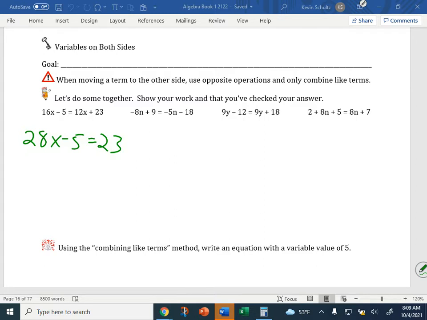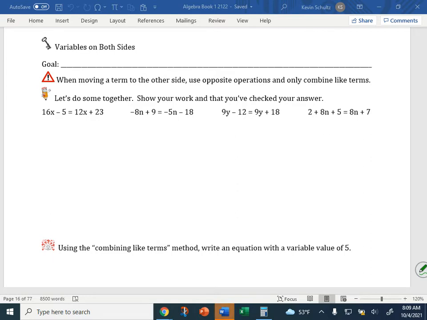Right. Notice that our two x terms are on opposite sides of the equal sign. So it's different than combining like terms, because with combining like terms, they were on the same side. So we would just add them, right, and get 28x. But being on opposite sides of the equal sign, what do we need to use here to get them together as one term of x?